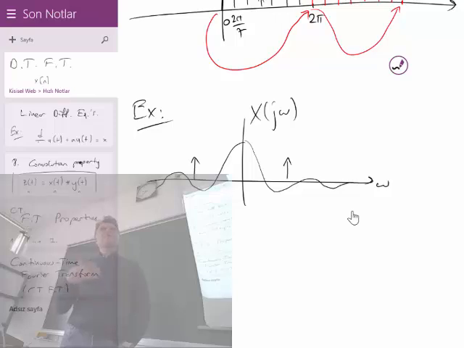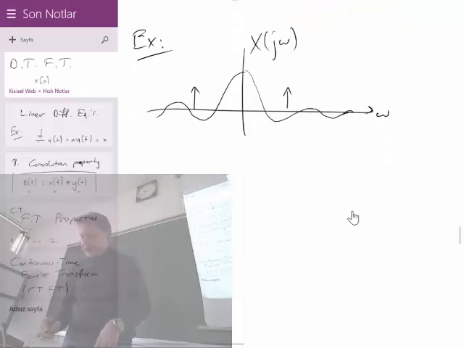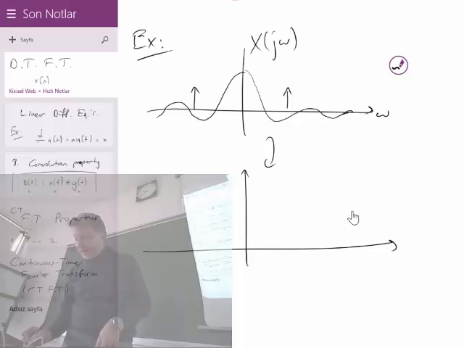I'm talking about continuous time Fourier transform. Why am I doing that? Because I don't want to cut it and repeat it to make it a discrete time Fourier transform. The only difference between the continuous and the discrete is that the discrete one must repeat itself in 2 pi periods. This is not periodic, it's the normal continuous time Fourier transform. So what is the x of t corresponding to this?